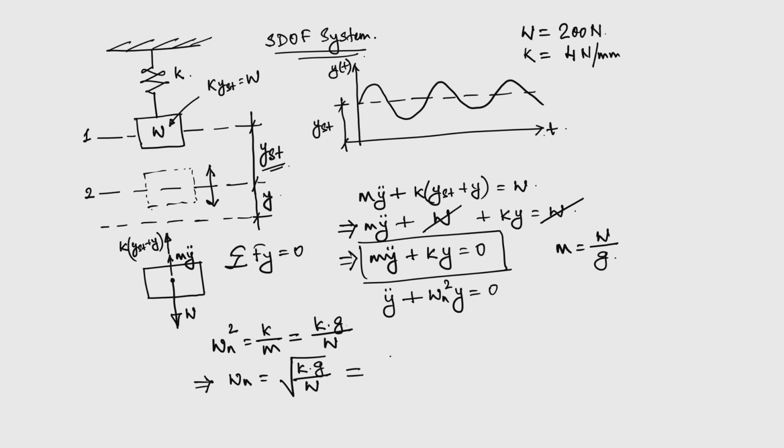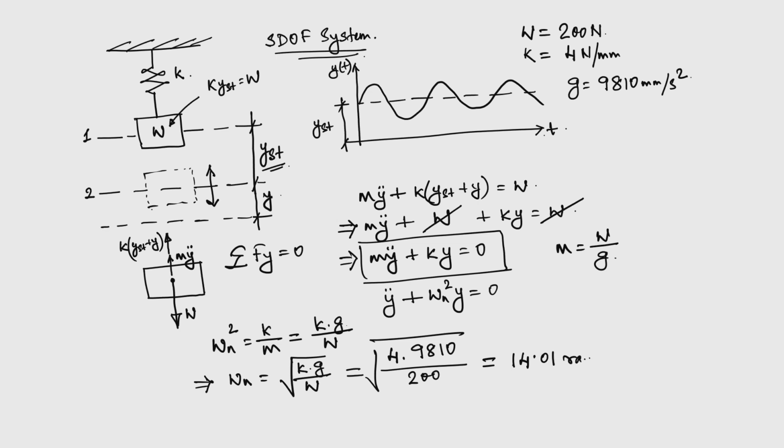We have 4 times g, acceleration due to gravity, which is 9810 millimeter per second square, divided by w, which is 200, square root of this. If we solve this, we will get the value of natural frequency in this case as 14.01 radian per second.